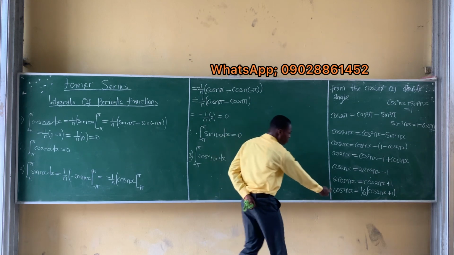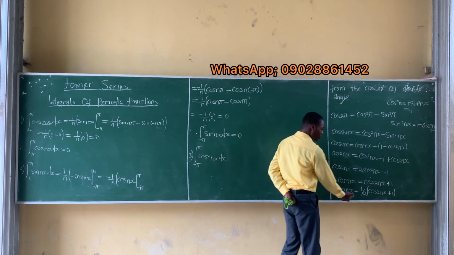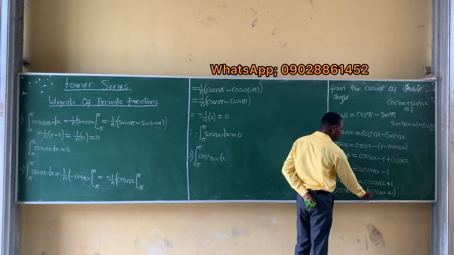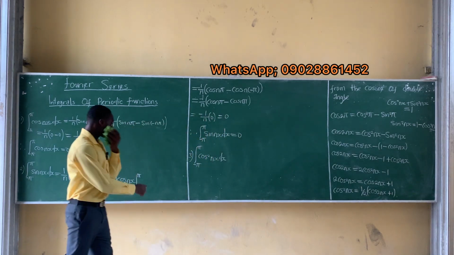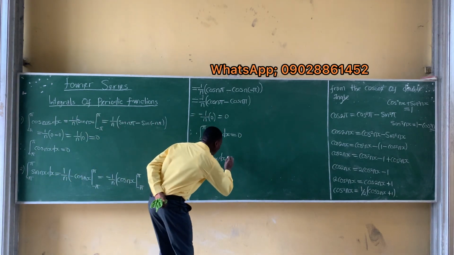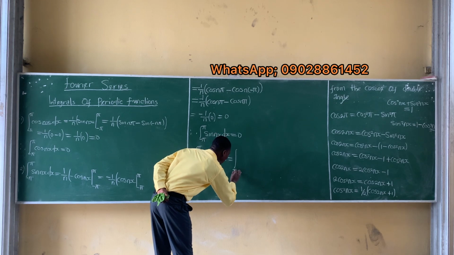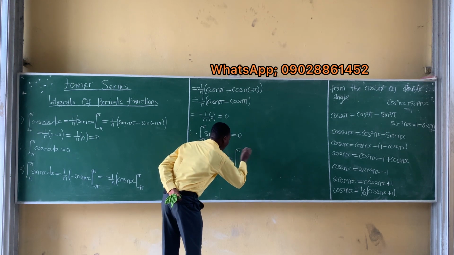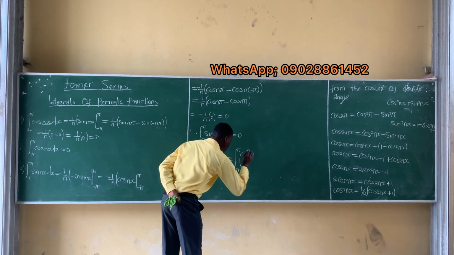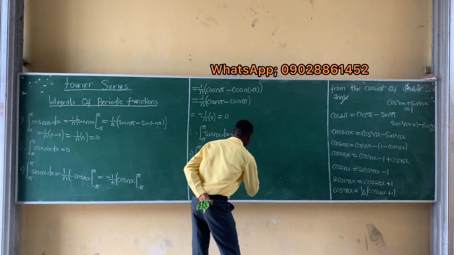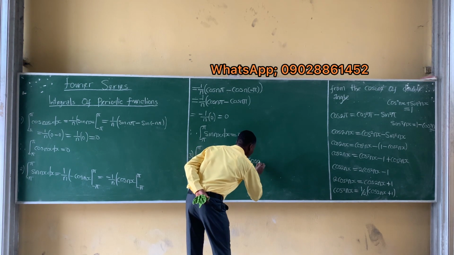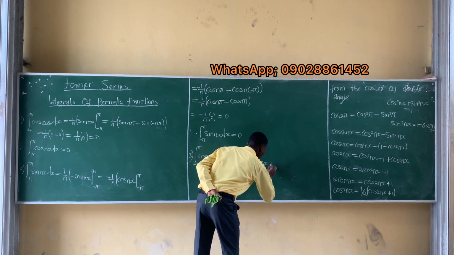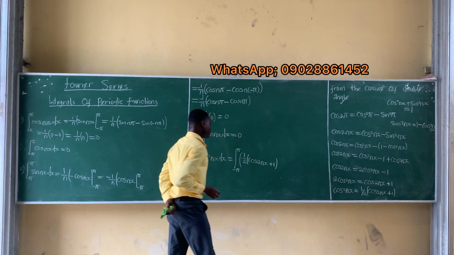So in place of cos square nx, we are going to substitute 1 over 2 into cos 2nx plus 1. So let's do that over here. We are going to have the integral from minus pi to pi into 1 over 2 cos 2nx plus 1.